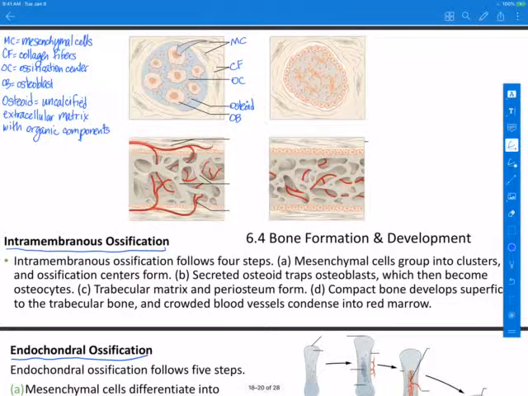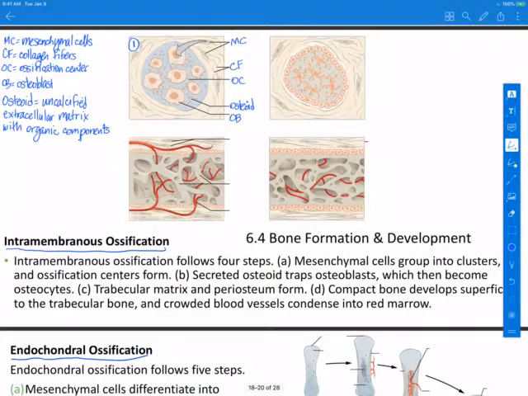If you look at the picture in the upper left, the first picture basically shows the inside of a developing bone. The MC, these are mesenchymal cells, which are stem cells that can develop into connective tissue. And so the MC represents the mesenchymal cells. The little squiggly lines represent collagen fibers.